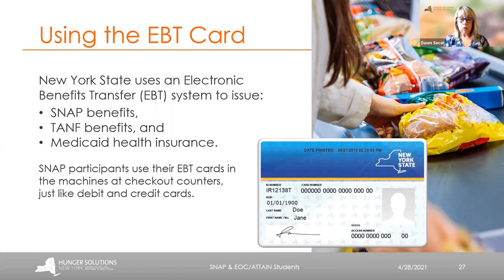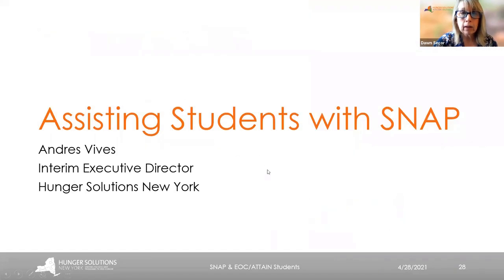And additionally, during COVID, this is how they receive the EAs, the emergency allotments of SNAP, and pandemic EBT for the children's school meals that they have missed. And SNAP participants use their EBT cards at machines, at checkout counters, just like debit and credit cards. So with that, I'm going to end this part of the presentation.